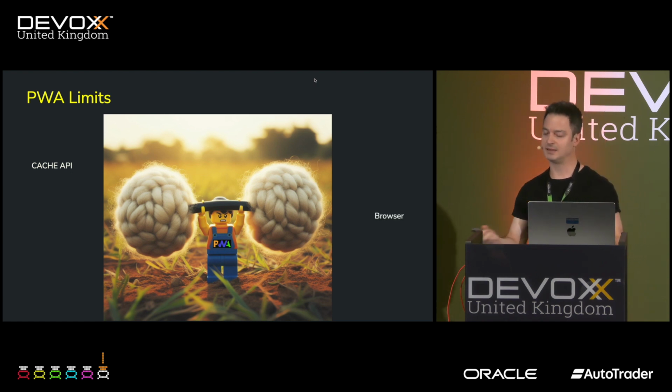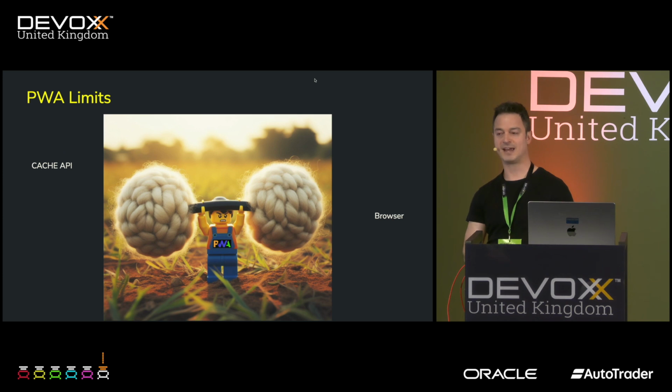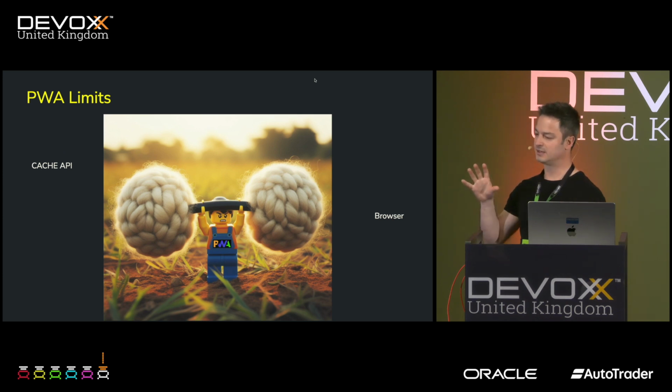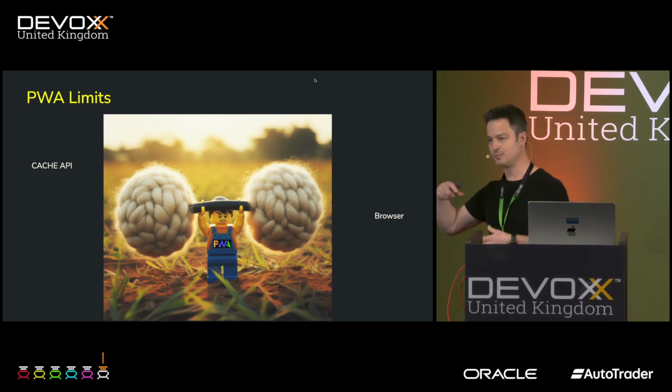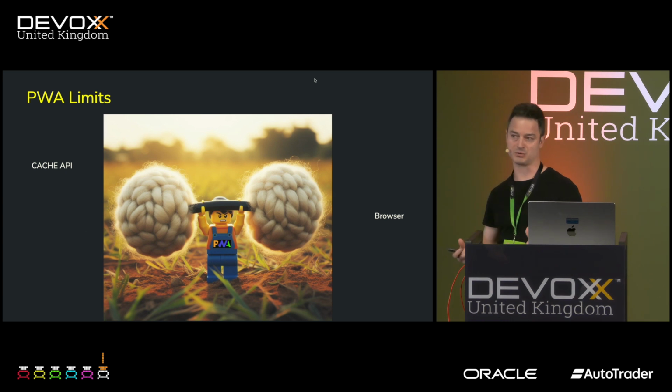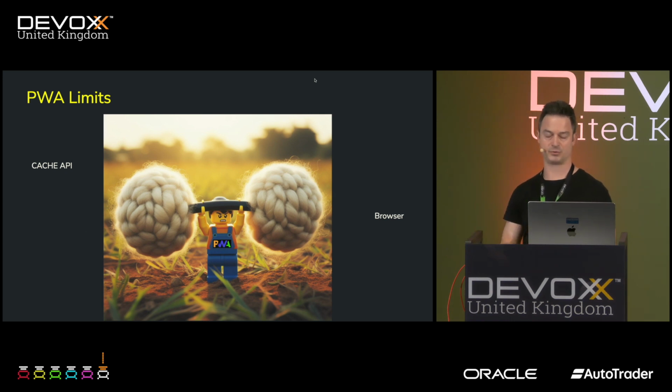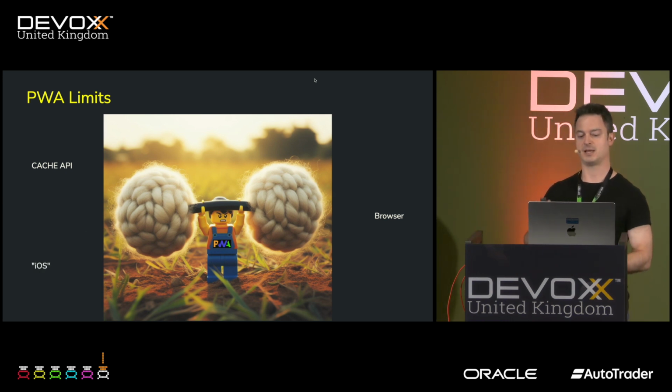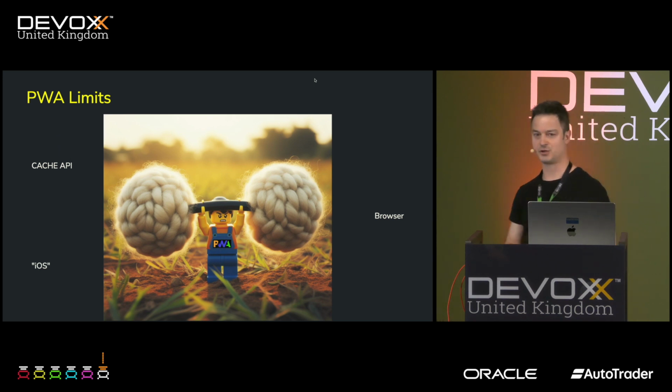Another limitation, and this is a matter of fact, is the browser. Because native apps, we have seen, are tightly bound with the OS, and therefore they can benefit from much larger computation power because they can use the CPU and the hardware much better than PWAs. Because PWAs run within or behind a browser, they are less powerful than native apps. Last but not least, iOS.